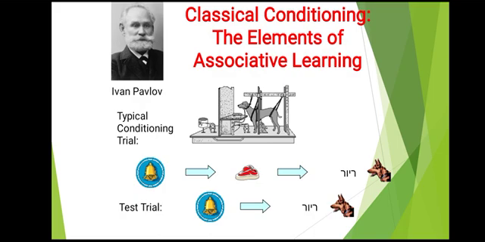Now, to make learning possible, in the initial days he was ringing the bell in front of the dog. Immediately after the bell, he was giving meat powder to the dog, and the moment the dog observed the meat powder, it produced saliva.